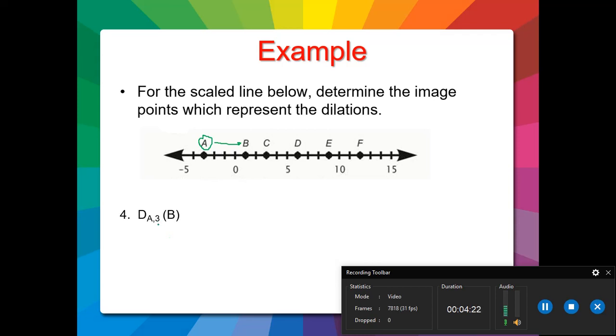We're going to use a scale factor of 3. So 4 blocks times 3 pushes it now 12 blocks away. So if we're counting, we've got 4, 6, 8, 10, 12. We're going to end up landing at point E.